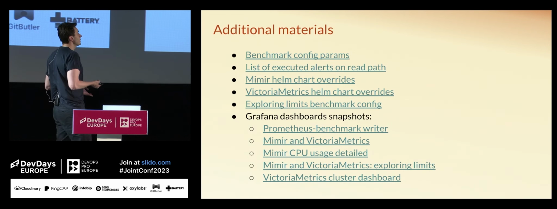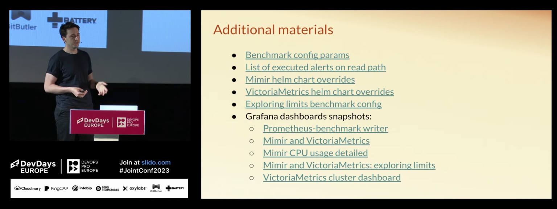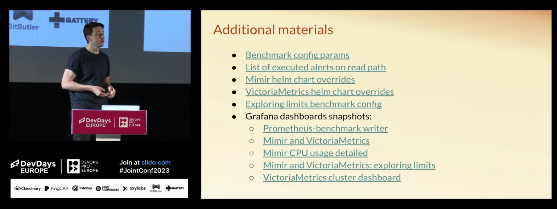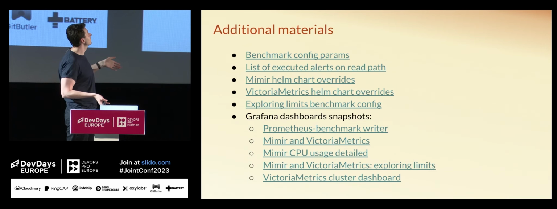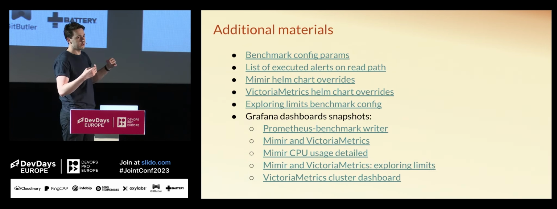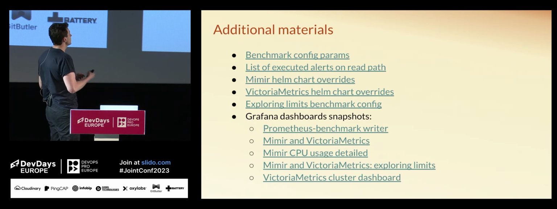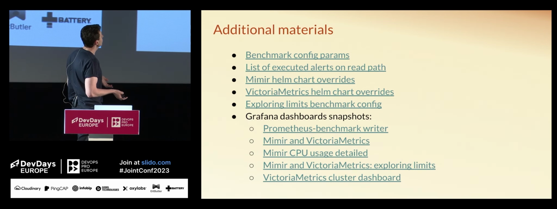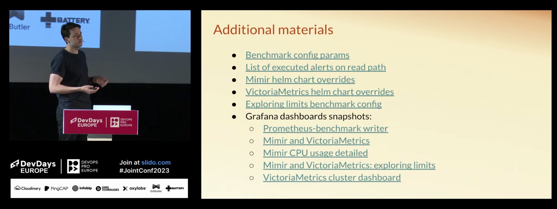These are the materials which I used during this benchmark. If you go to the blog post, you will see that it contains all the configuration params used here. All these are links to gists mostly, where you can check exactly which configuration params I used for both the first and second part of the benchmark. You can find Helm chart overrides, and what is even better, we have snapshots for the Grafana dashboard.